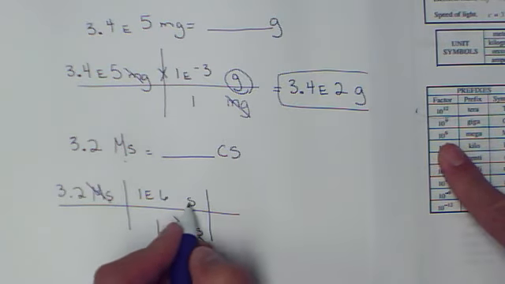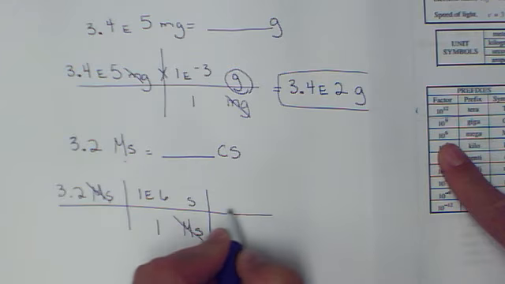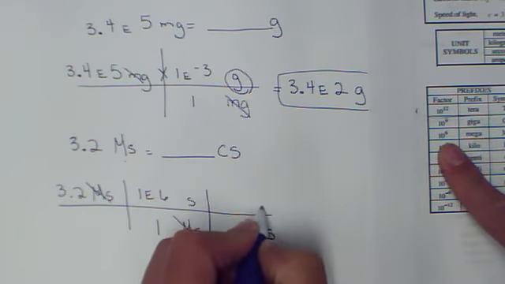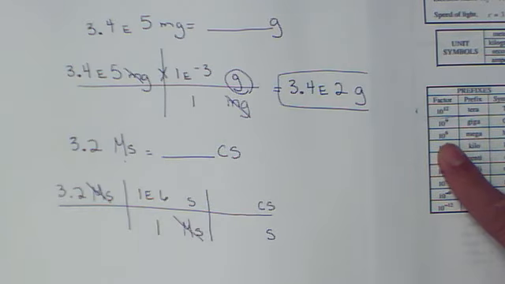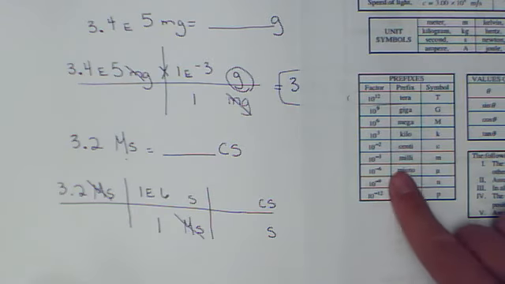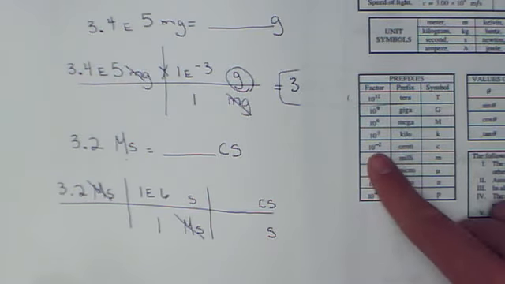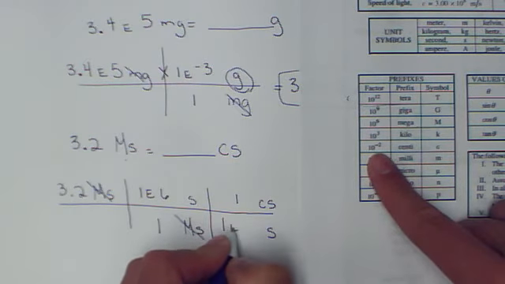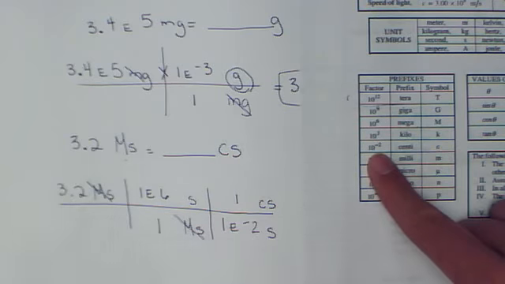So to get rid of seconds, it too has to go next door downstairs, and I can go from something without a prefix to something with a prefix. I look up centi, and it says that 1 centisecond is equal to 1e negative 2 seconds.